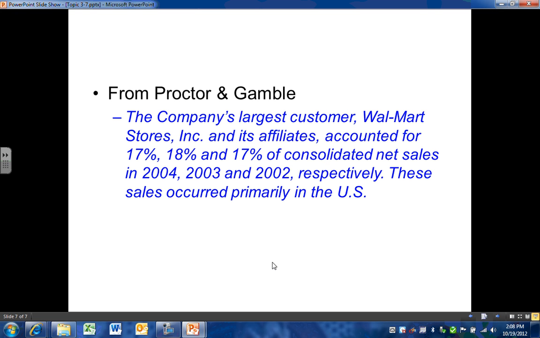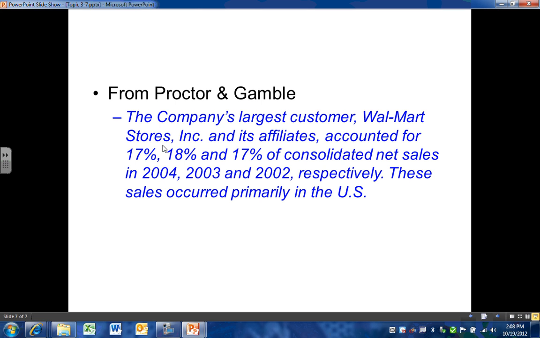And this is an interesting disclosure from Procter & Gamble, of course, a very large consumer manufacturing company. Well, you can see that Walmart is a key customer of theirs. In the years 2002 to 2004, Walmart and its affiliates accounted for well over 10%, closer to 20% of all sales made by Procter & Gamble.